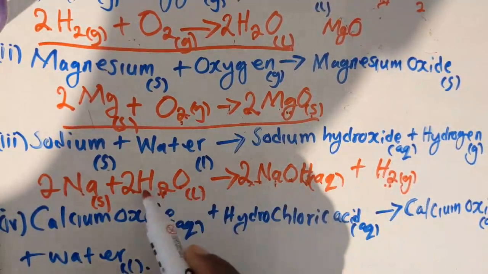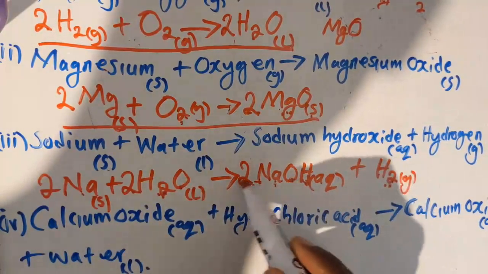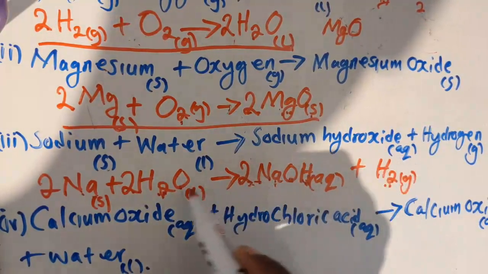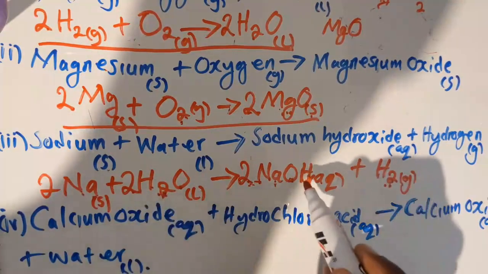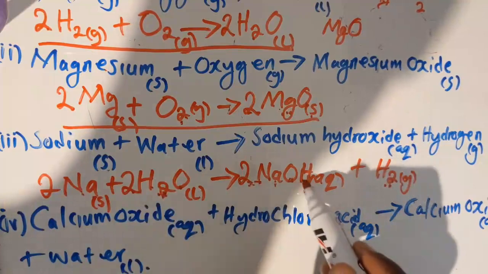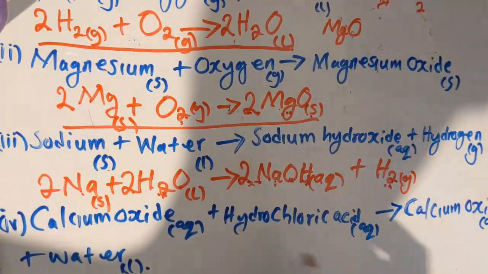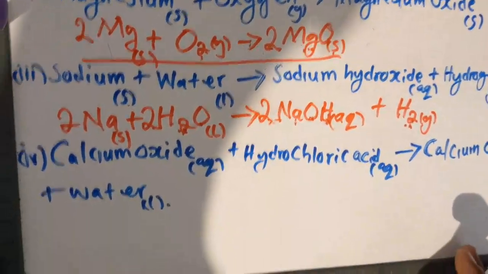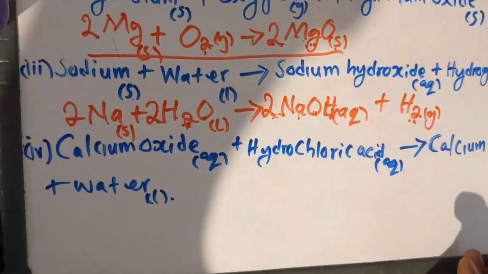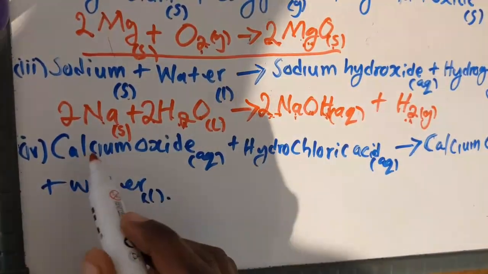We have 2 oxygen, we have 2 oxygen. Let's go to hydrogen. 4 hydrogen, we have 2 hydrogen and 2 hydrogen, which makes 4, meaning that this equation is balanced as well.